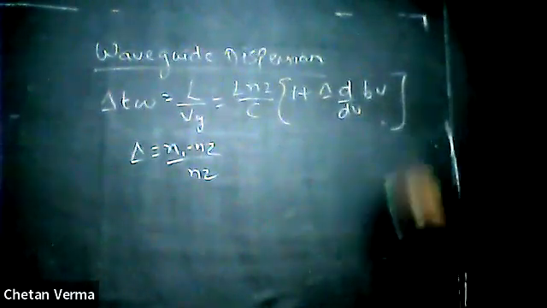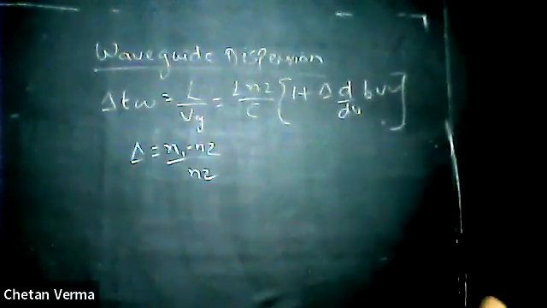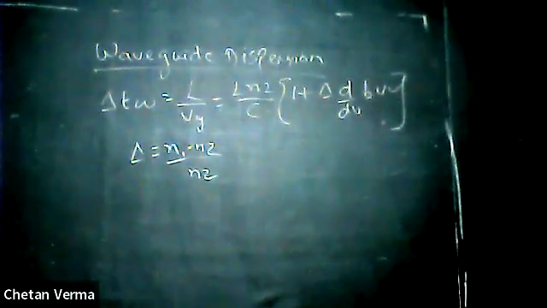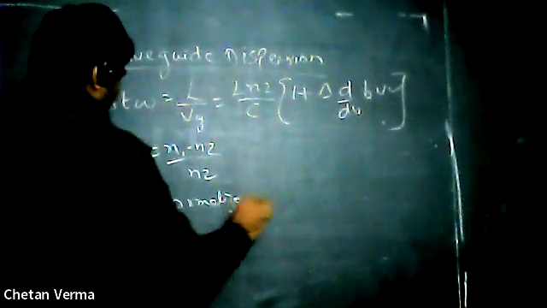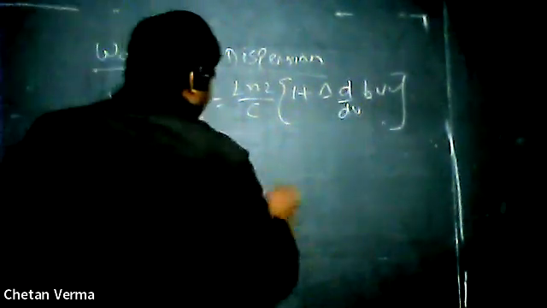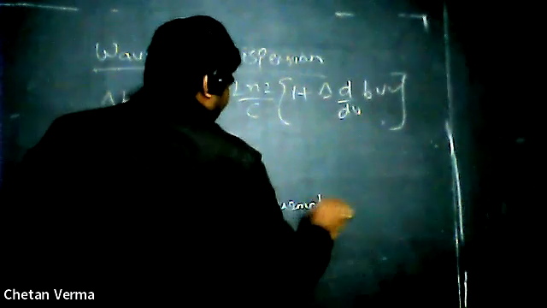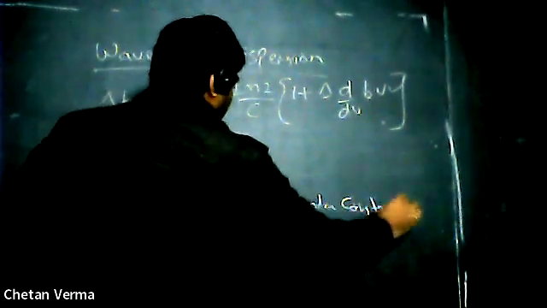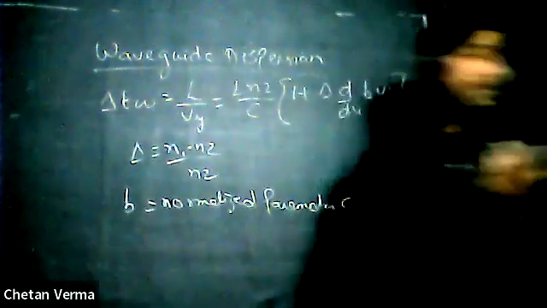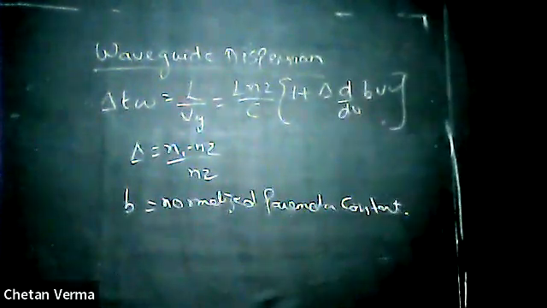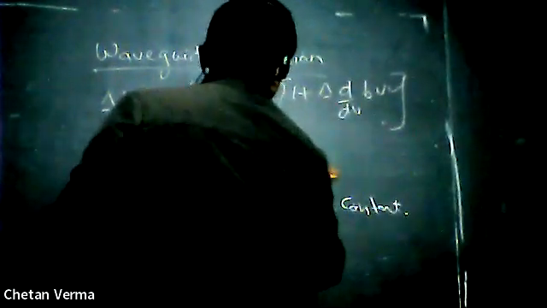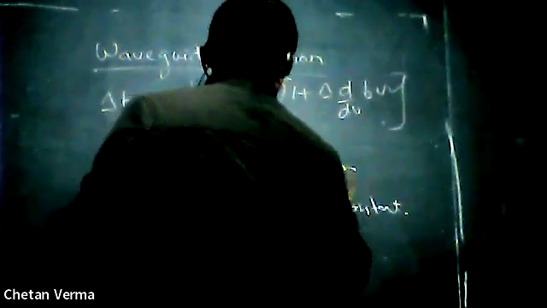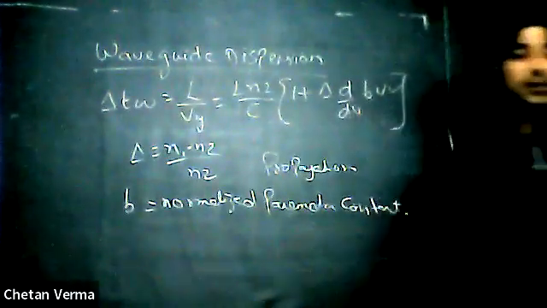V is the normalized V parameter, and b is the normalized propagation constant.